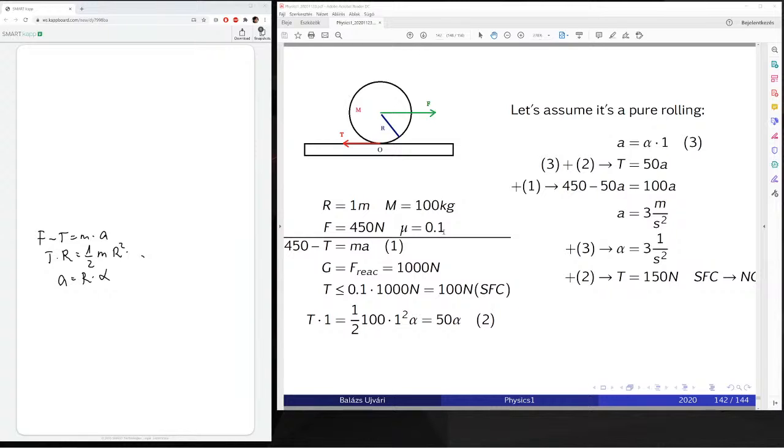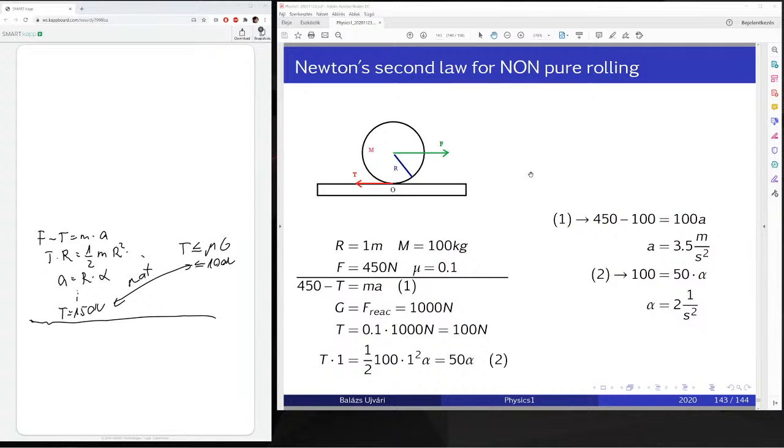The T, any T that we get, has to be smaller than or equal to mu times weight, and in this case this is only 100 Newton. If we solve it like we solved before, you will see you get T equal to 150 Newton, which is not smaller than or equal to 100 Newton. So the static force can't be large enough to guarantee pure rolling. It's not pure rolling. What can we do?